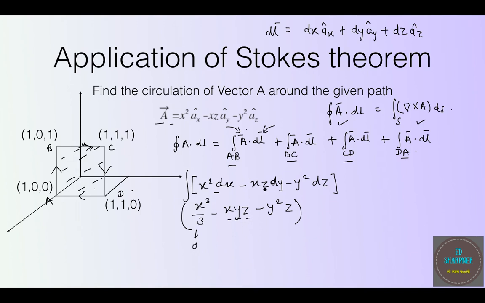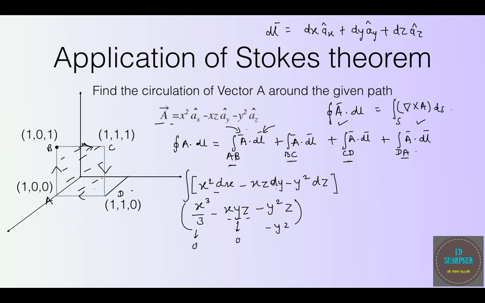This term has the limits for y. So y changes from 0 to 0. Again this term would be 0. And for the last term again, minus y square z. This is the last term which has the limits for z, and z is changing from 0 to 1. So if you put the limits, you get the term minus y square.